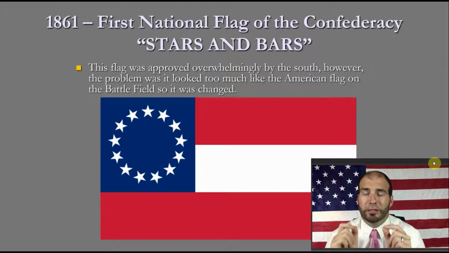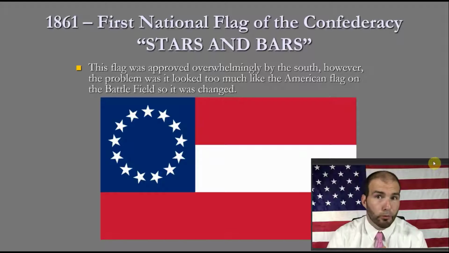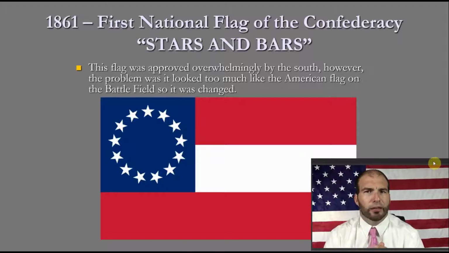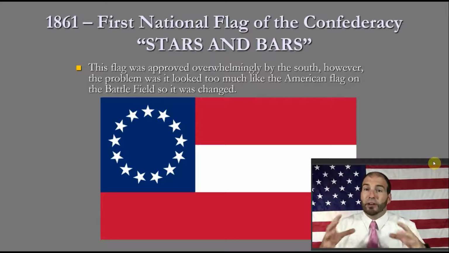Now, here's what's different about these flags and the American flag. The American flag is used all the time. It's flown over the capitals, it's used in battle and all that. Not all countries do that, and the Confederacy is not going to do that as well. The Confederacy wants a flag that represents the state, so each state is going to have its individual flag, but they also wanted a flag that represents the Confederacy, like a group of all the states.